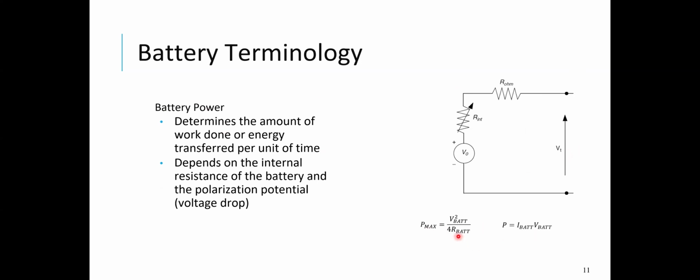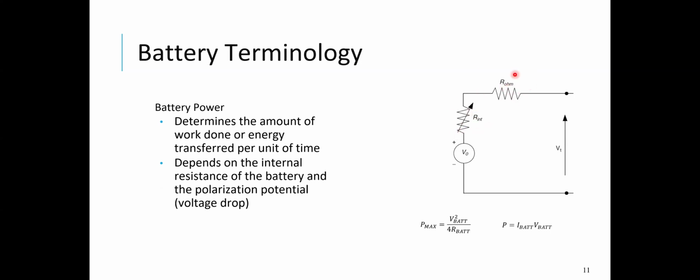And that's determined by the internal resistance of the battery. I can represent the battery as an ideal voltage source in series with some internal resistance of the battery, and that internal resistance can, in a simplified way, be separated into two parts.